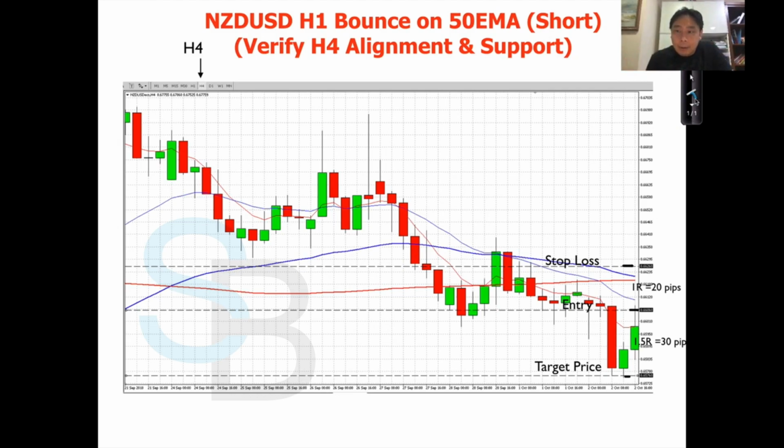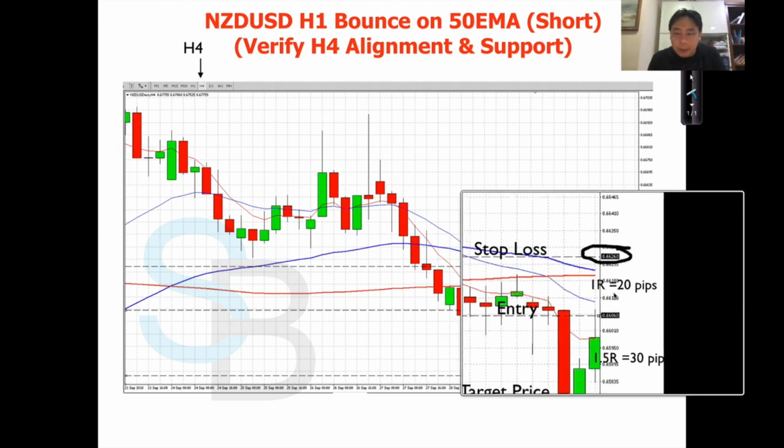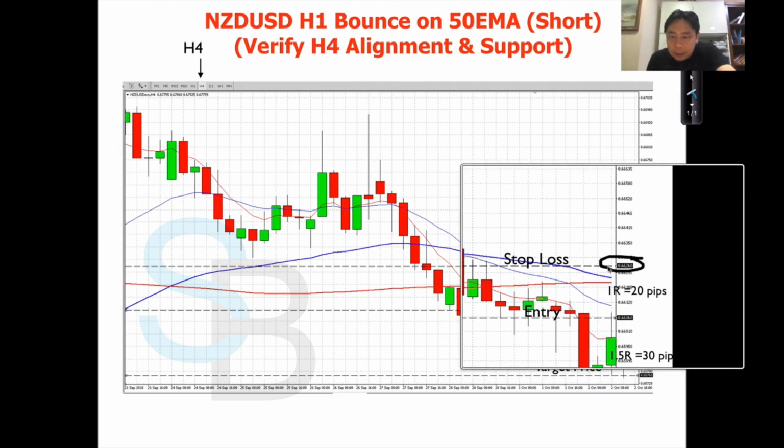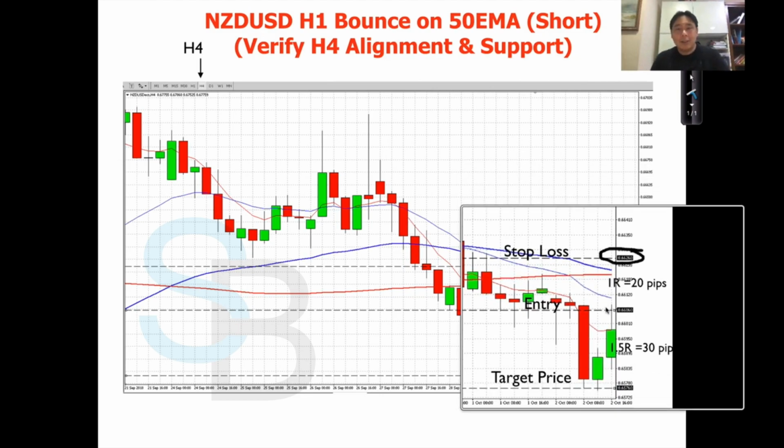What made me confident was that my stop loss, which is at 6626 on the H4 time frame, is above all the moving averages. And remember that moving averages act as resistance. So the price is unlikely to break the resistance, and my stop loss is safely above it. That gave me confidence that I can take this even though it's not perfectly aligned.